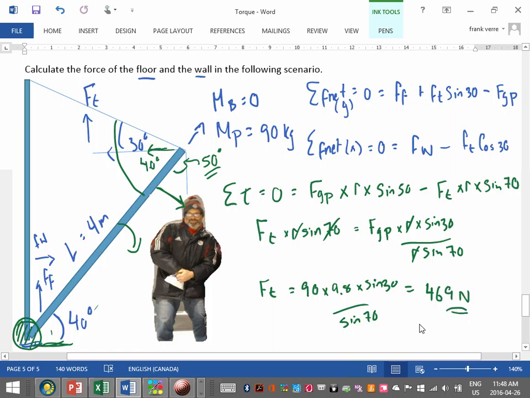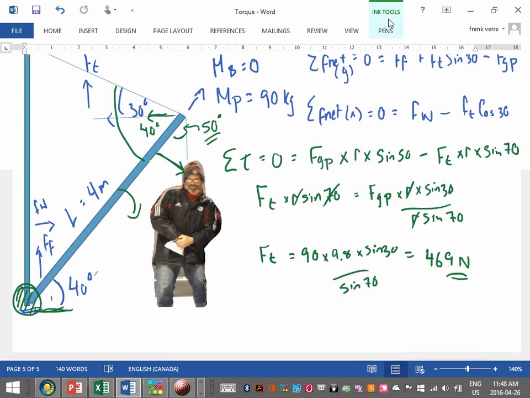Now we can go back and figure out the force of the floor, because if you look, we have the tension and we have the weight. So we can go back and solve for the force of the floor.